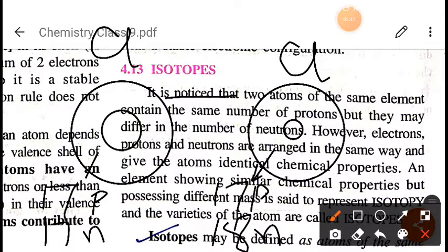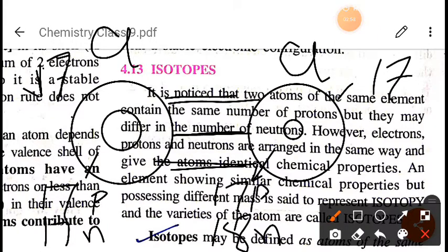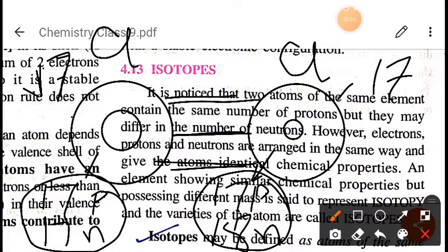As you can see, both atoms have the same atomic number, 17. But there is a difference in neutrons: here the neutrons are 17, here the neutrons are 18, right?